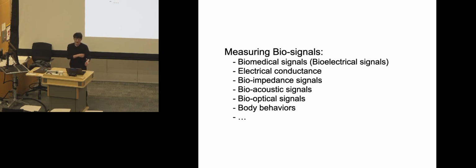More active means we're able to choose specific signals to inject into your body and then measure how your body reacts to that signal. For example, bioimpedance signals: injecting an AC signal and then measuring how well it travels through your tissues, which corresponds to certain conditions of your tissue.